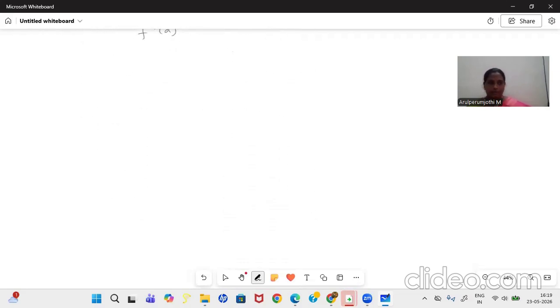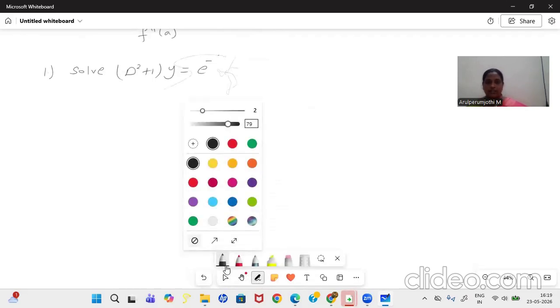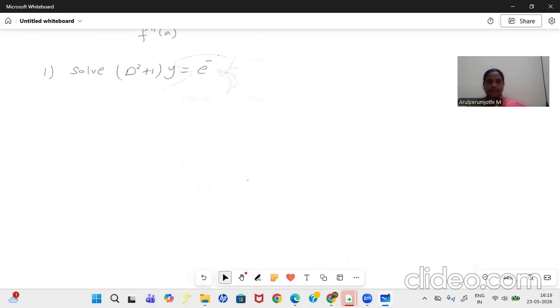So first problem, first I'll take a simple problem. Solve d square plus 1 of y is equal to e power minus x.